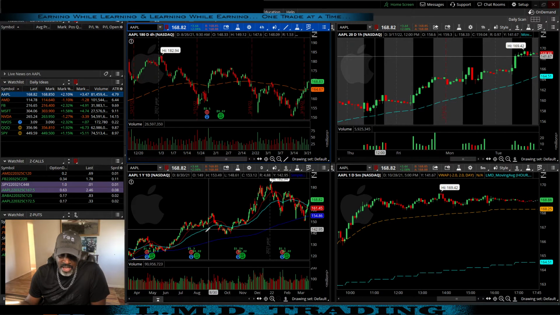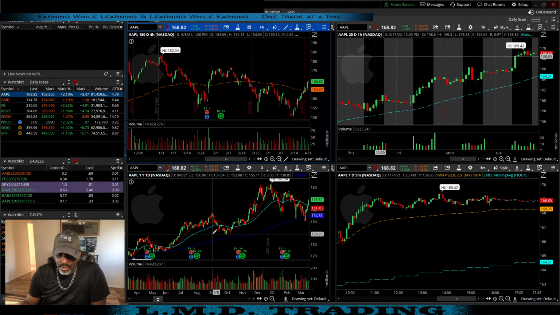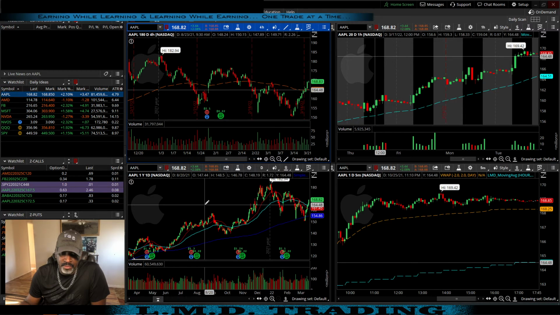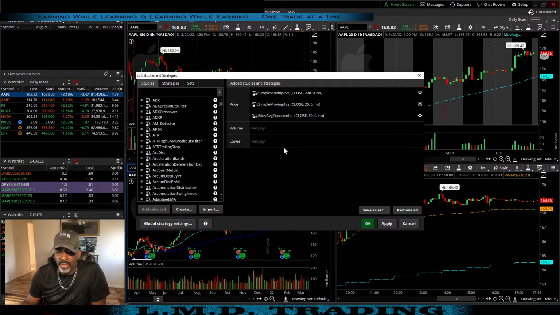This is a solid line, not like the broken line that's on these. So this 50 moving average is set to the daily time frame. And then we have the 200 simple moving average. We'll click that real quick. So actually, yeah, we have the 20 simple moving average, the 50 exponential and the 200 simple moving average.